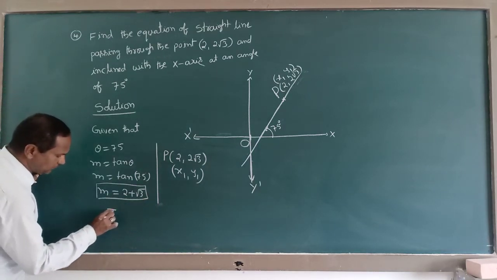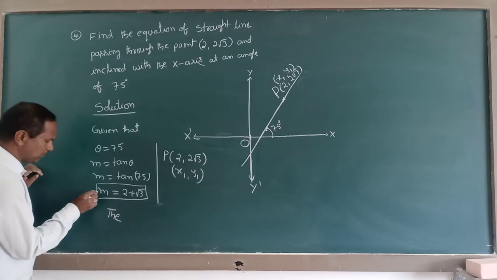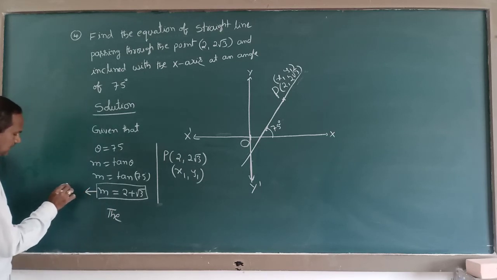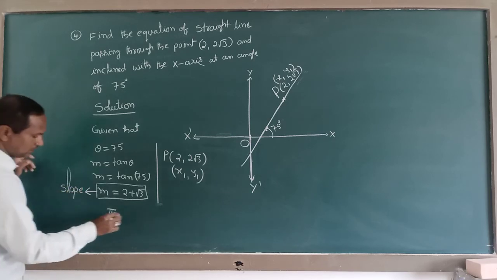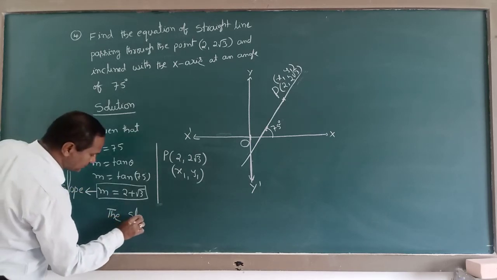the slope point form. It is a slope. What is this? It is a slope here. The slope point form of the equation of a straight line.